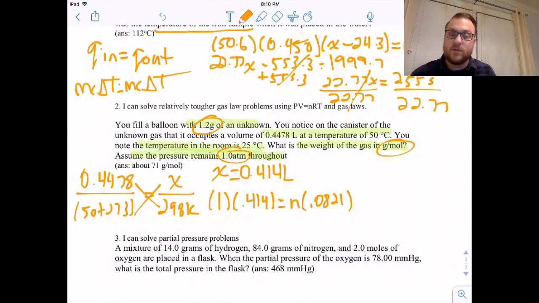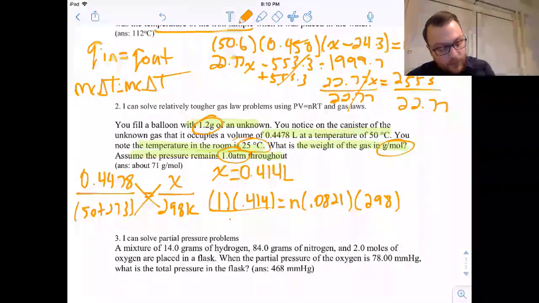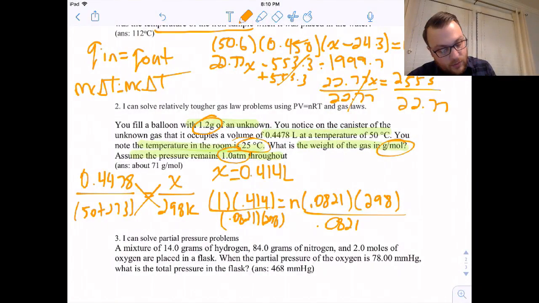You would do that for kPa. Times the temperature in Kelvin, and the balloon is at 25 degrees Celsius, so that's 298 Kelvin. Dividing both sides by 0.0821 times 298, crosses out over here. You'll get an n equal to 0.017 moles.